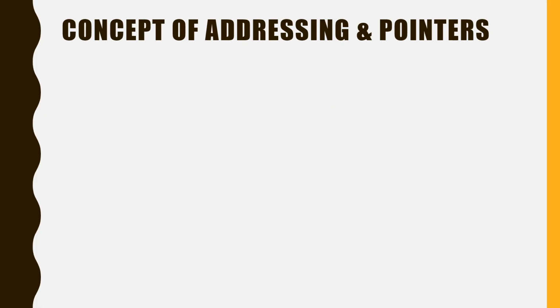Let us first understand the concept of addressing and how it is used by pointers for various purposes. Till now, we know that writing the declaration of an integer allocates a random memory to this integer a, and the memory has an address, or we can say a base address.